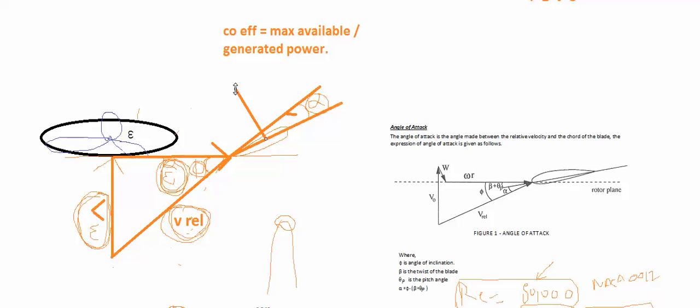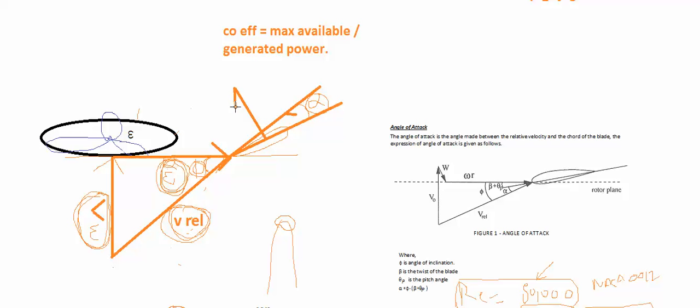Now this is our interest. This is what we are really interested in, because this is the coefficient of lift, which is then multiplied by other factors to give the lift force. We'll come to it later, but for now just think that this is the lift force which is responsible for generating the power.